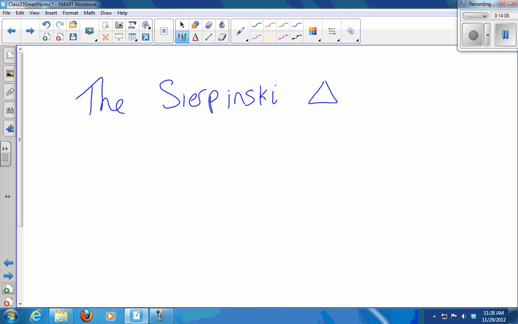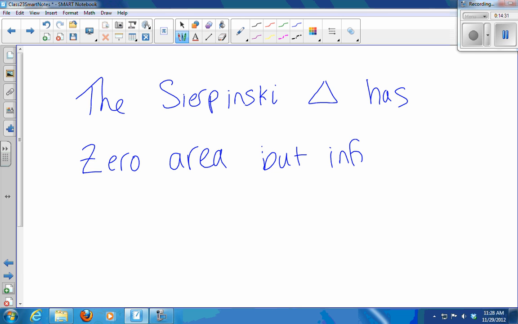The Sierpinski triangle has 0 area, but infinite perimeter. After infinite iterations, there will be 0 area remaining, but infinite perimeter.